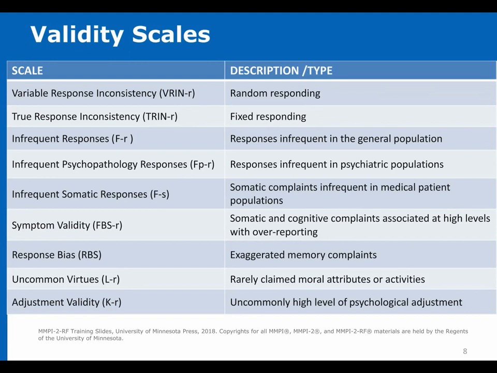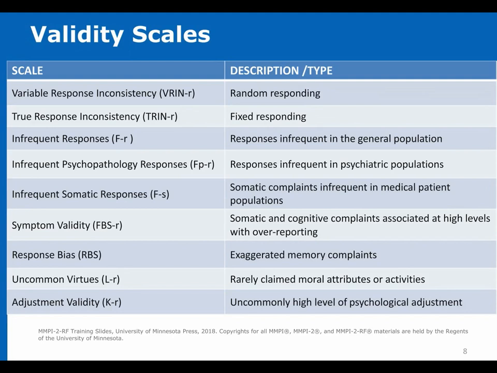And they also identified a group of litigants who did not evidence overreporting on performance validity tests. And RBS is comprised of items that differentiated between those two groups on the MMPI-2 restructured form. And thus, it's intended to assess exaggeration of memory complaints.